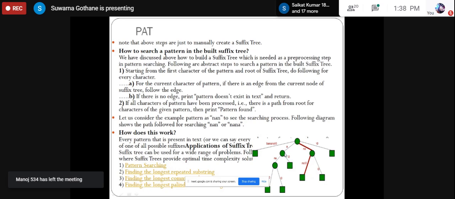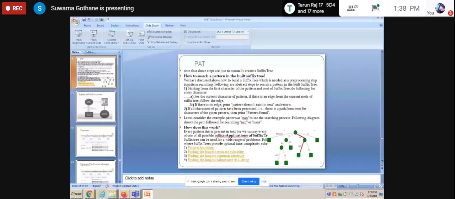The major application of this is pattern searching, finding the longest repeated substring, or others such as palindrome, that string operation, or common substring finding. These are the several applications this provides.